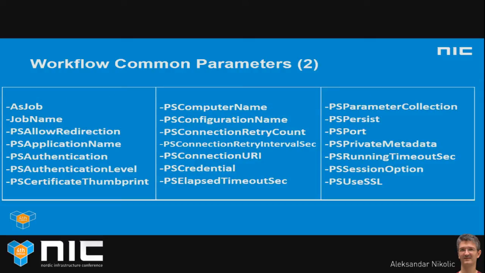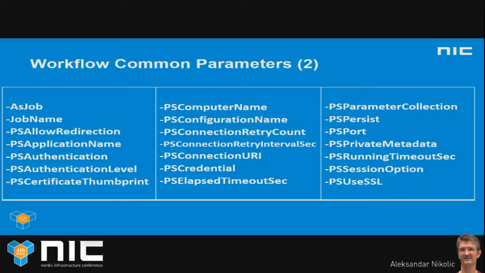So here they are. As you can see, most of them are prefixed with PS. So as we have ComputerName as one of the common ones for targeting remote machines, when you work with workflows, the parameter is PSComputerName. PS as a prefix is something that the PowerShell team is using.